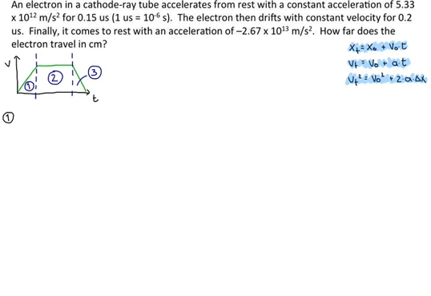we have an electron which is at rest, meaning that the initial velocity for the electron will be 0 meters per second. We also know, according to the information given in the problem, that the electron is going to accelerate. So we have a constant acceleration, which is going to be 5.33 times 10 to the power 12 meters per second squared.